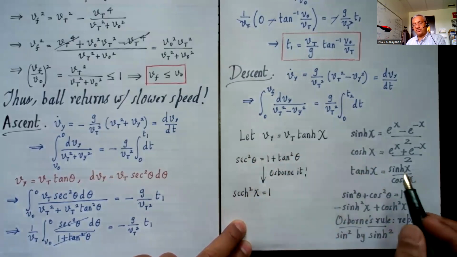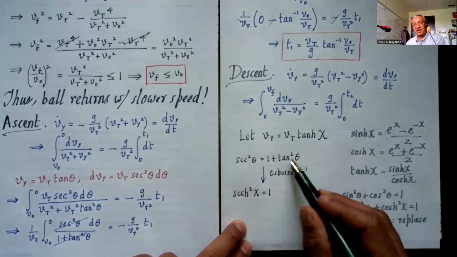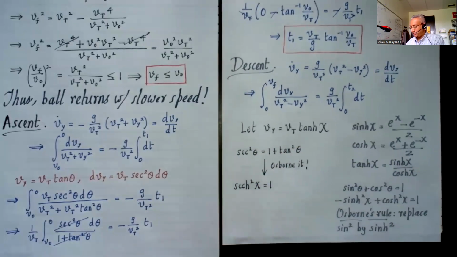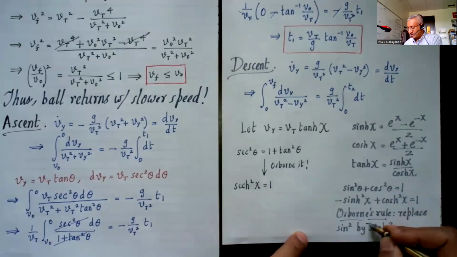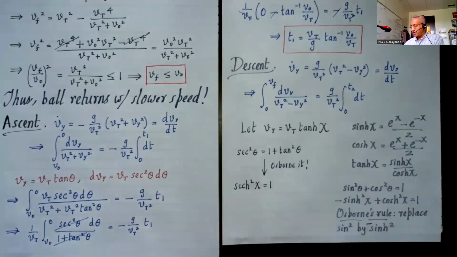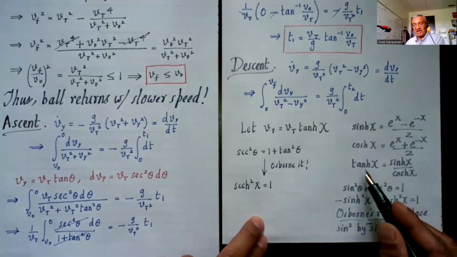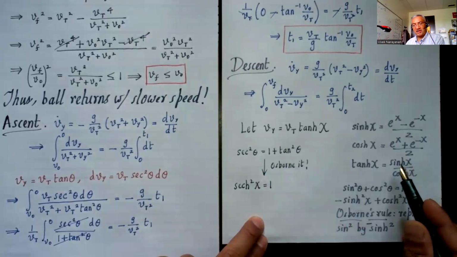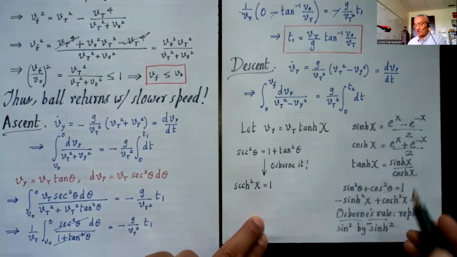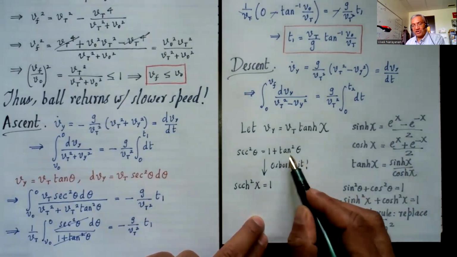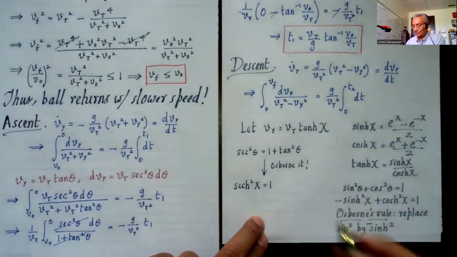Tan hyperbolic is sinh over cosh. When I square tan hyperbolic, I get sinh squared. Osborne's rule immediately kicks in. Replace sine squared by negative sinh squared is what I meant. Because tan squared has got sine squared, you have to replace it with negative sinh squared.